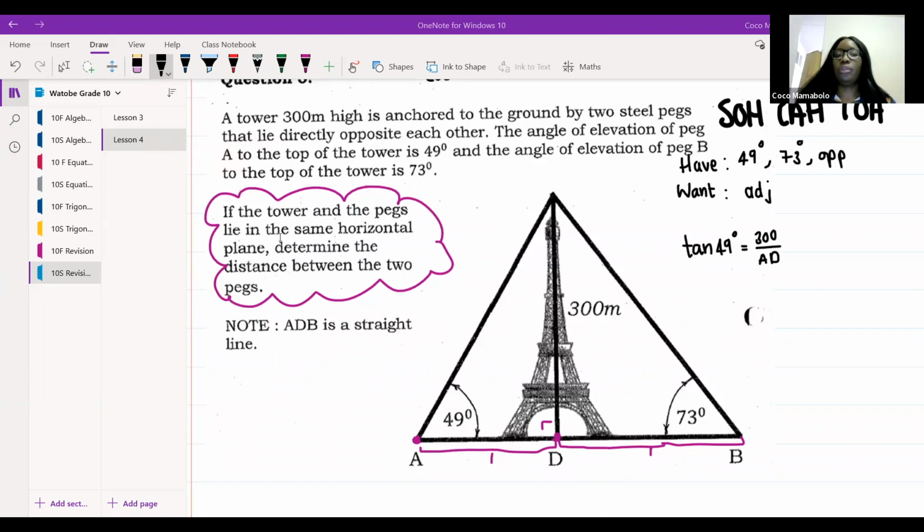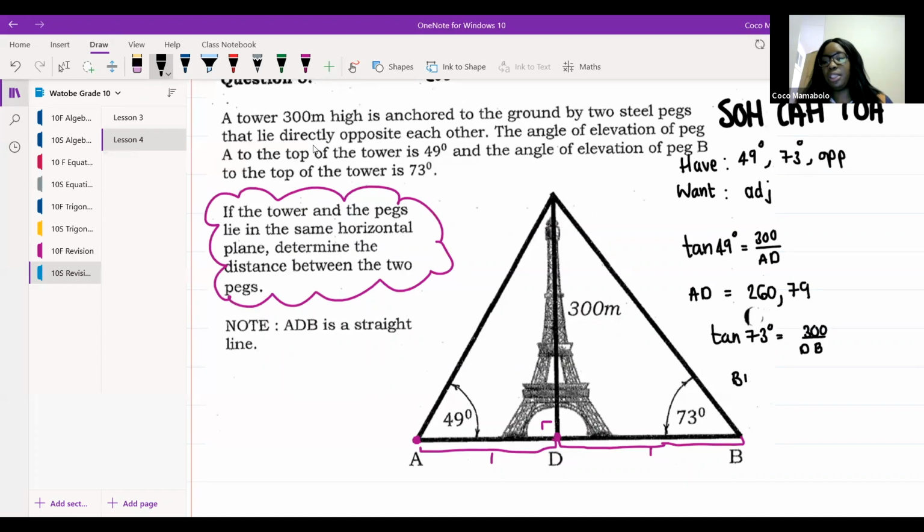Okay. I'm going to tell you now that AD is equal to 260,79. Okay. And if I have to calculate for DB, I'm going to get tan of 73 degrees is equal to 300 over DB.